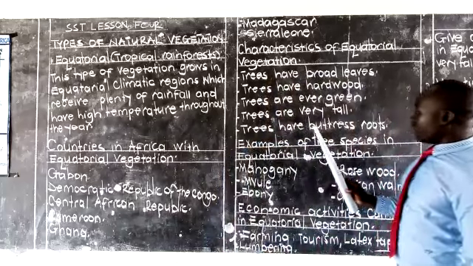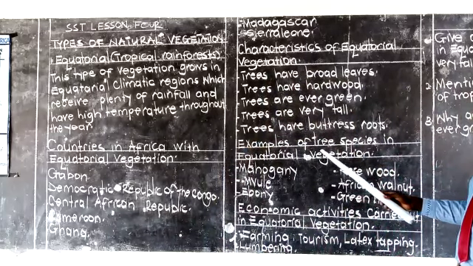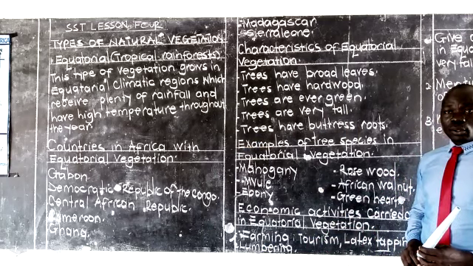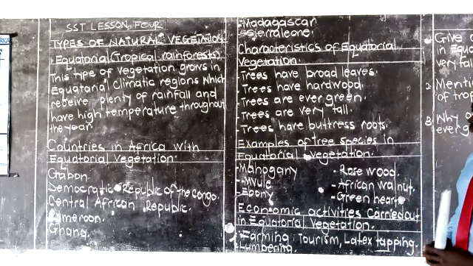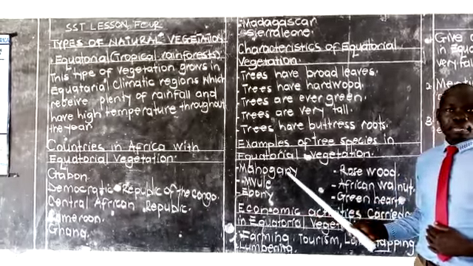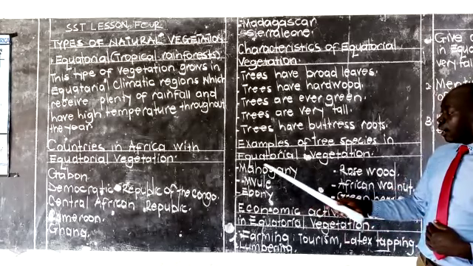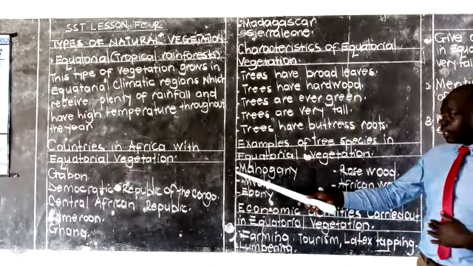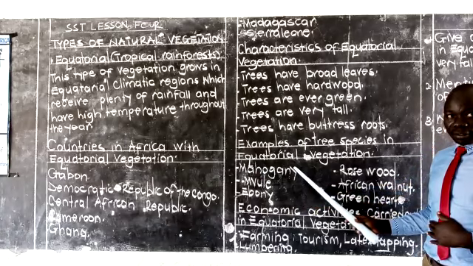Now let us look at examples of tree species in equatorial vegetation or tropical rainforest. We have a tree called the mahogany. Let us see the spelling. Can we pronounce together? Mahogany.